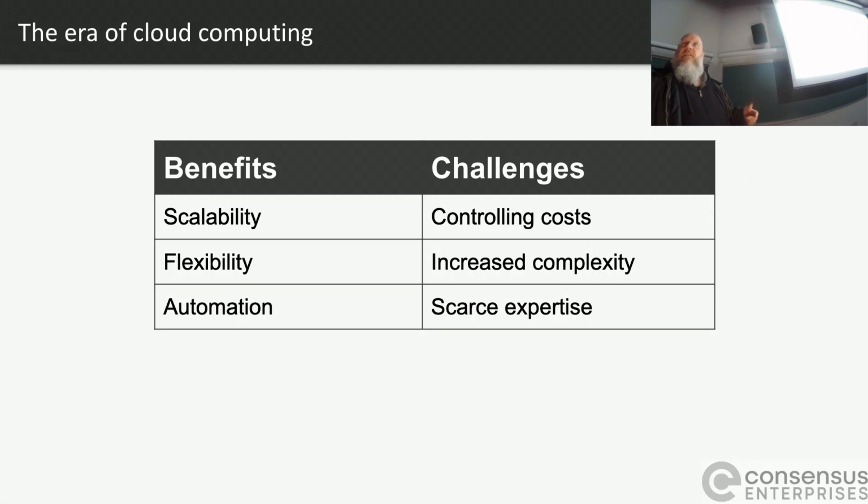Right? It's really easy to go and click through a couple of screens on AWS and build a new VM. Doing so in a way that's going to be reproducible, that's going to be scalable and so forth, does take experience and skill. So that's sometimes difficult to come by these days. Though it's getting better because a lot of the documentation, training, and so forth is available these days that weren't available previously.